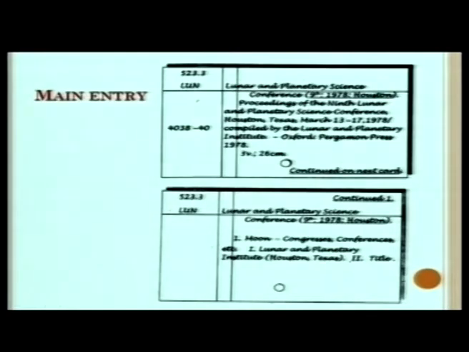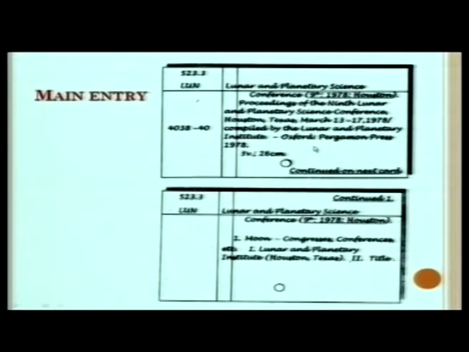Then starts the title and the statement of responsibility: proceedings of the 9th Lunar and Planetary Science Conference, held during which time, then the year of conference, compiled by whom. That institution has to be given, because here there is no person involved. Here one institute is taking the collective responsibility; they are compiling the papers received for this particular conference.